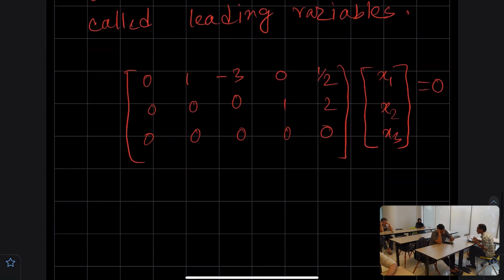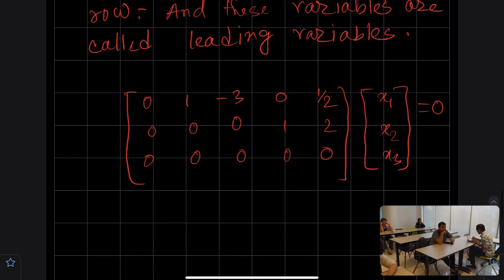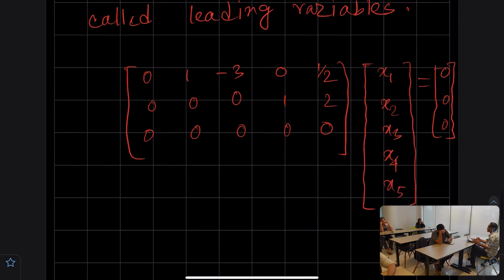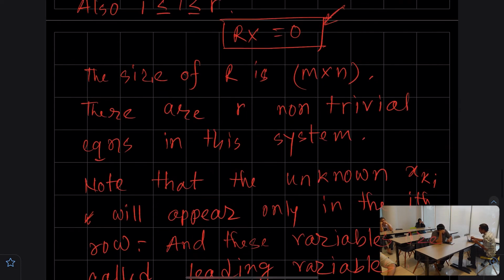So it's better to write that as a 0 column. The matrix multiplication is... sorry, there should be x1 on this, x2, x3, x4, x5. So this is a system of type Rx equal to 0, right?